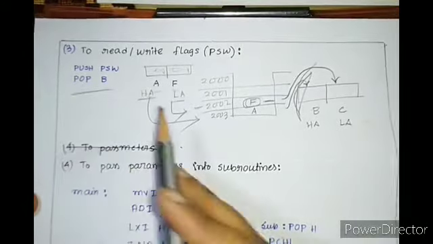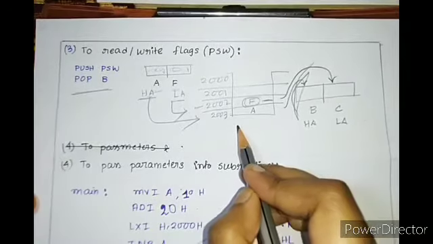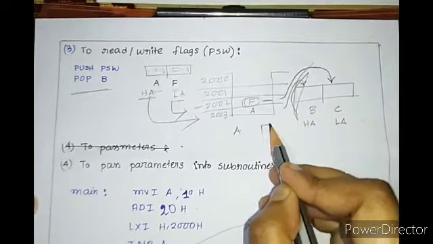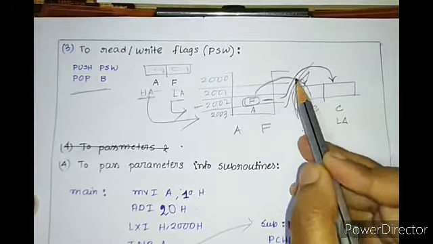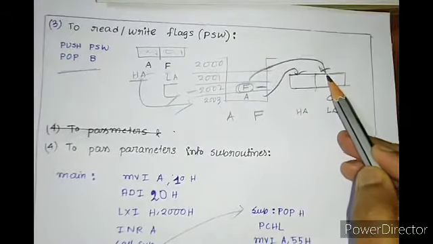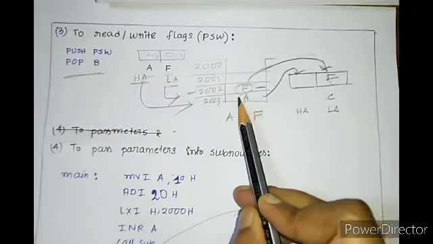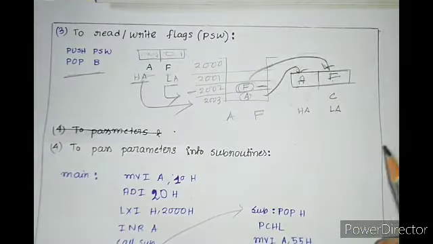Do pop B. When you do pop B, the data stored at AF, first F will come out and get stored in the C register, and the data of A will get stored in the B register, because of the HL method.